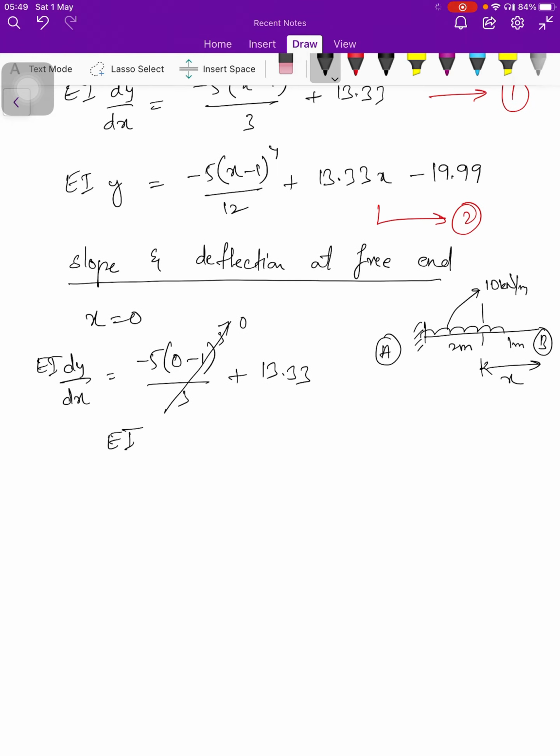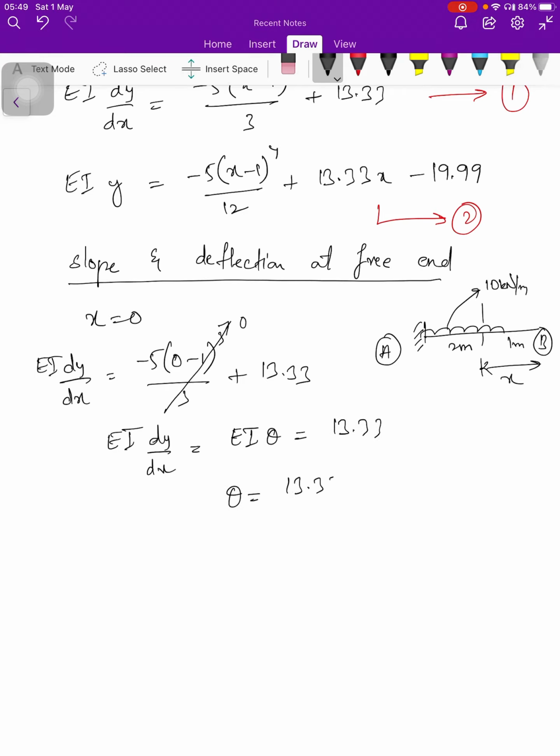Or EI dy by dx is equal to EI theta is equal to 13.33, or theta is equal to 13.33 by EI. This is the slope at the free end.